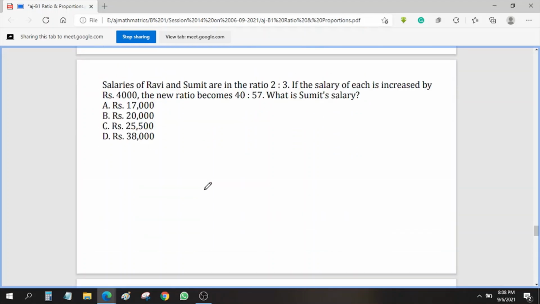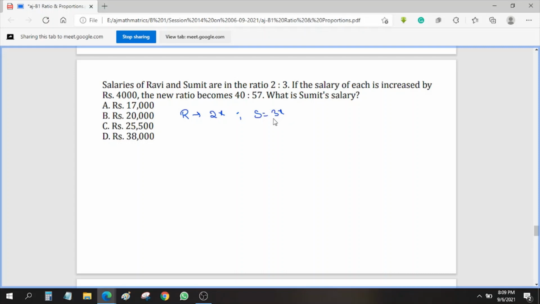Now try this, and I'll explain because we are running short of time. The salaries of Ravi and Sumit are in the ratio of 2 is to 3. So let us consider Ravi's salary is 2x and Sumit's salary is 3x.